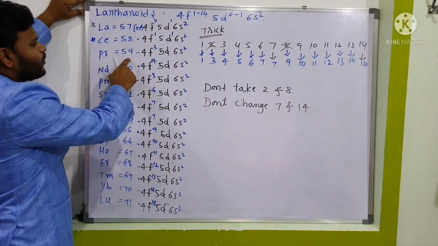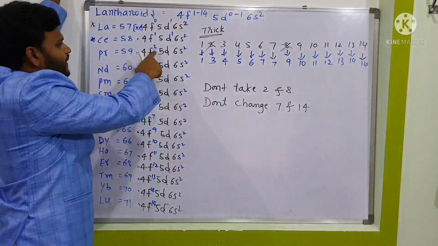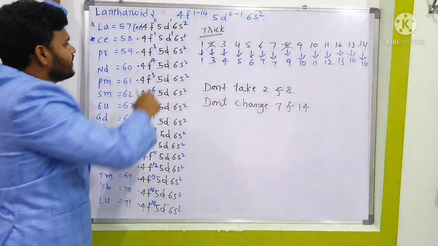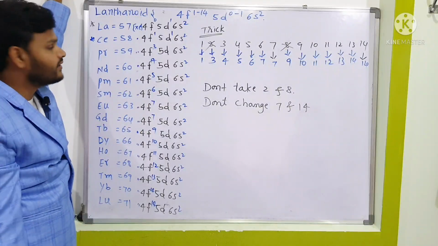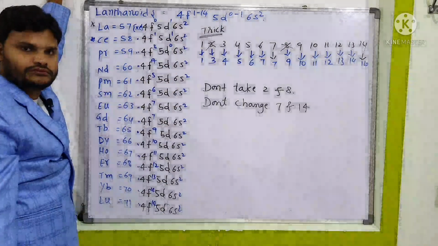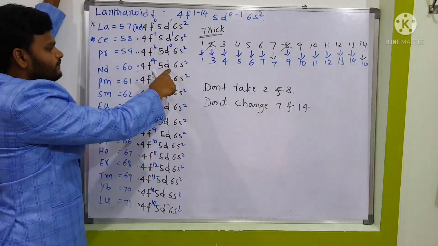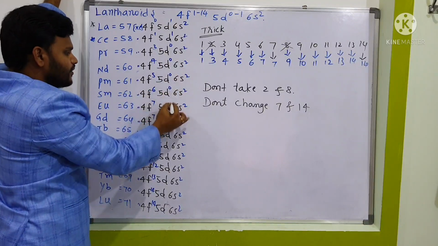Next, what about this one, 59? Xenon already 54. 54 plus 3, 57. 57 plus 2, 59. That indicates no need to write an electron here. So 0, 0. Same logic for this one: 0, 0, 0.